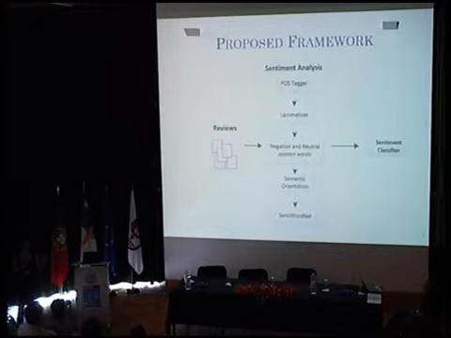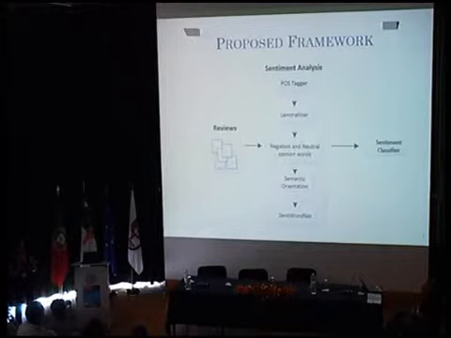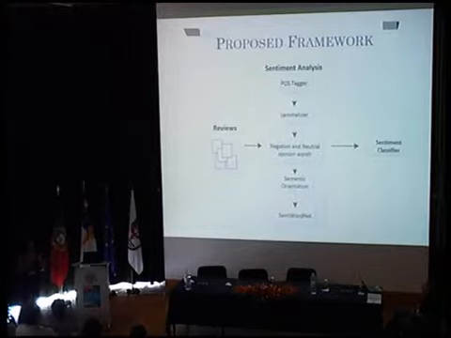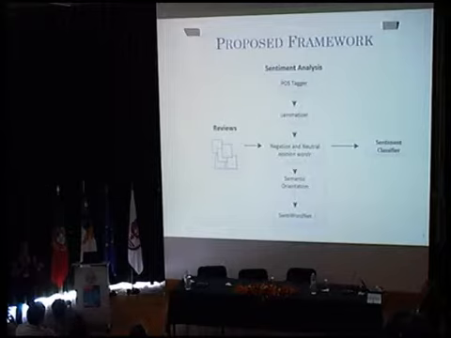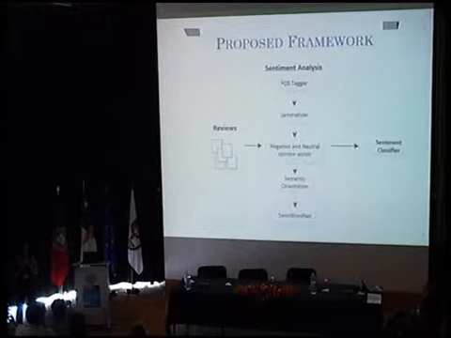But at this point, we capture the opinion words, at least candidates for opinion words, but we have to know in which direction they're being used. So for that, we have a semantic orientation algorithm, which tells us, okay, this word is being used in the negative or in the positive context. And finally, we want to know the intensity.